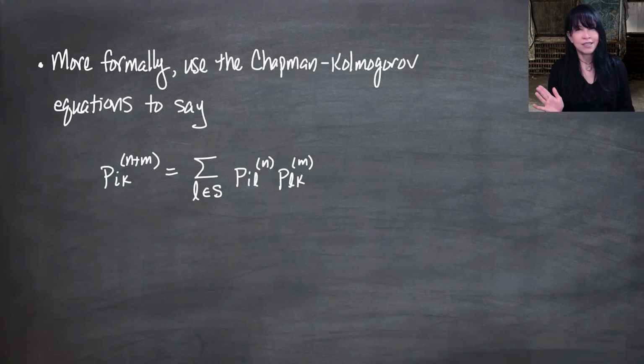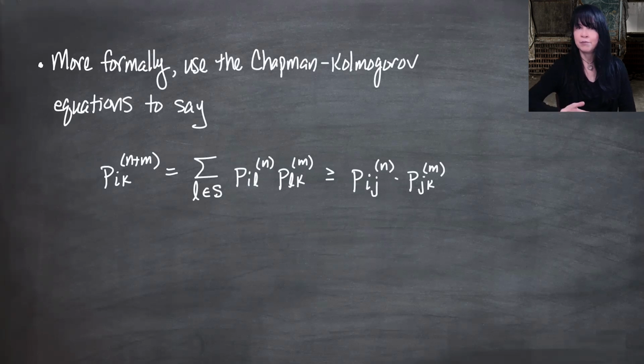Well, I have state I and state K and state J accounted for in this computation, so I'm going to use an L. I'm going to sum over all states L in the state space S, the probability of going from I to L in n steps, times the probability of going from L to K in m steps. And L runs over everything in the state space, and as it does that, it's going to hit the state J. So this is going to be greater than or equal to the probability of going from I to J in n steps times the probability of going from J to K in m steps.